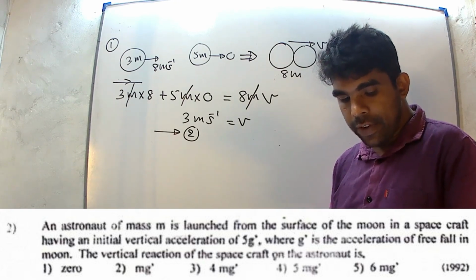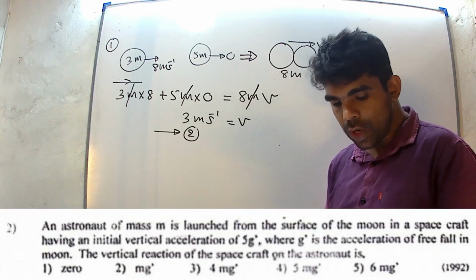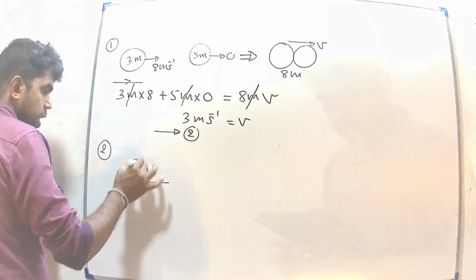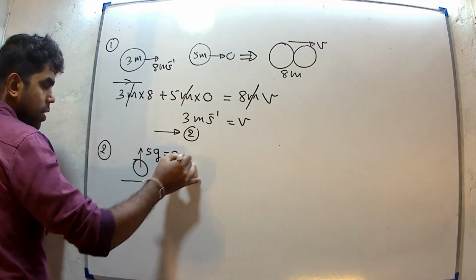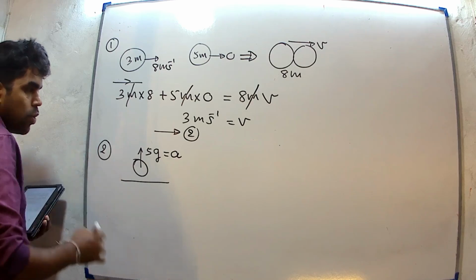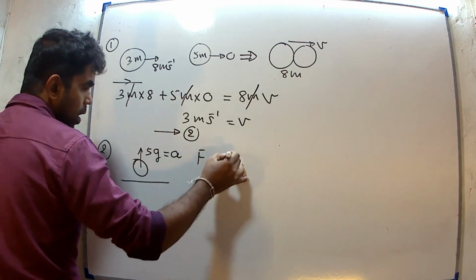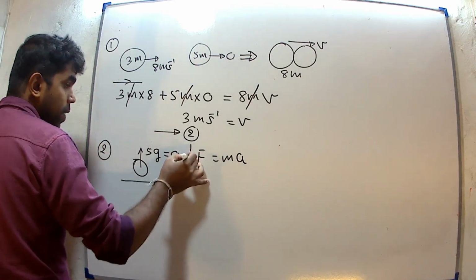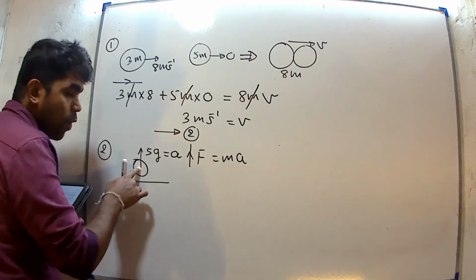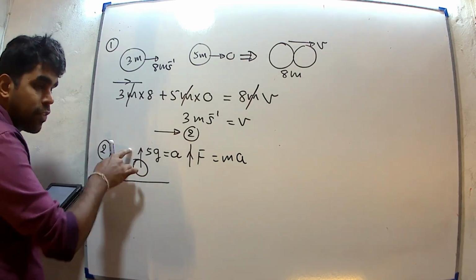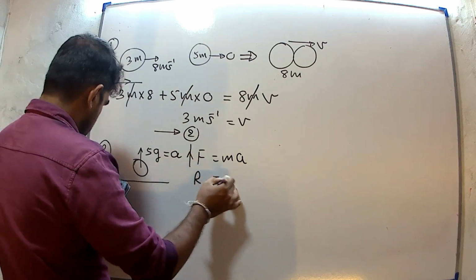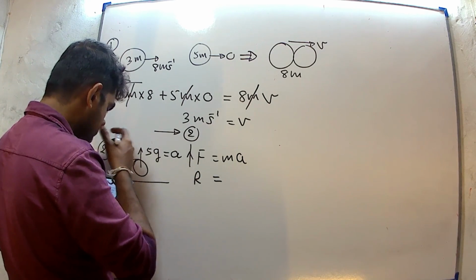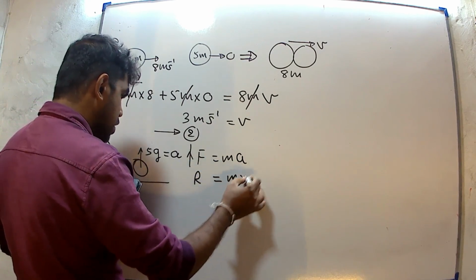The vertical reaction of the spacecraft on the astronaut is, initial acceleration is 5g. Then we can use F equals ma for the astronaut in upward direction. We have to find the force, the reaction due to this surface. Mass m, acceleration 5g.